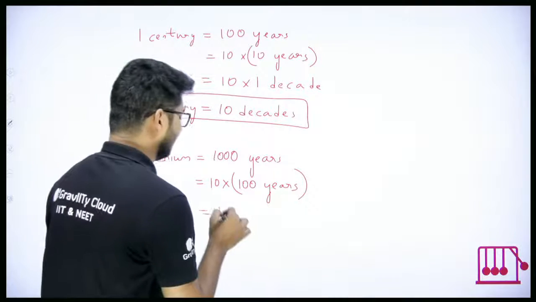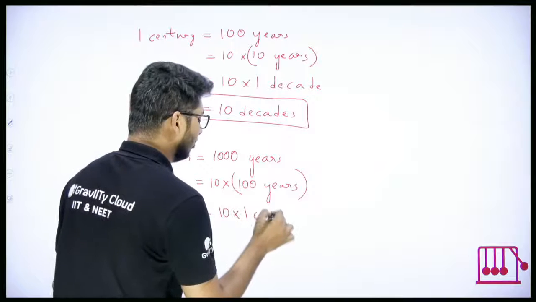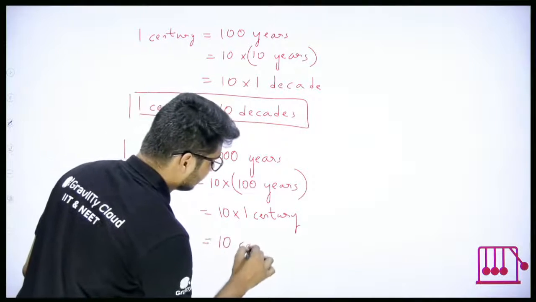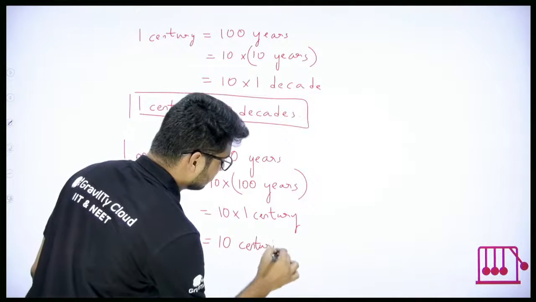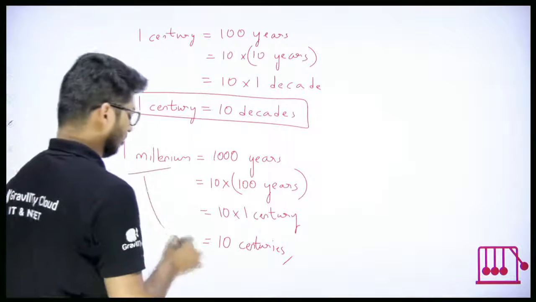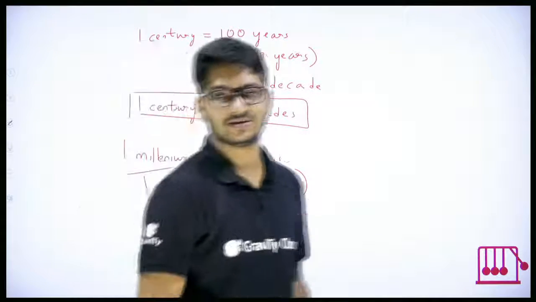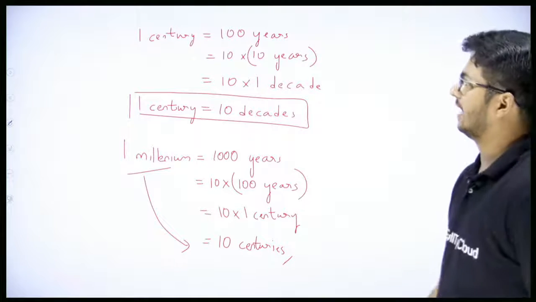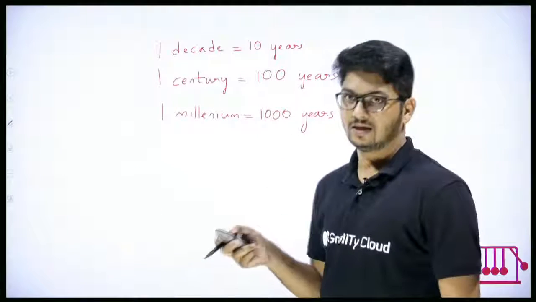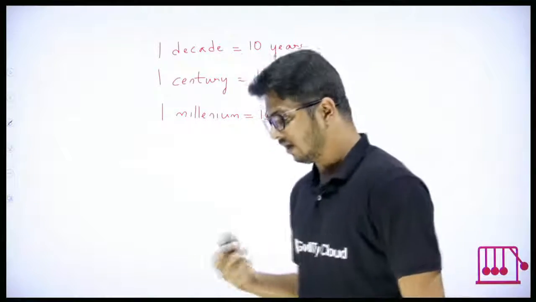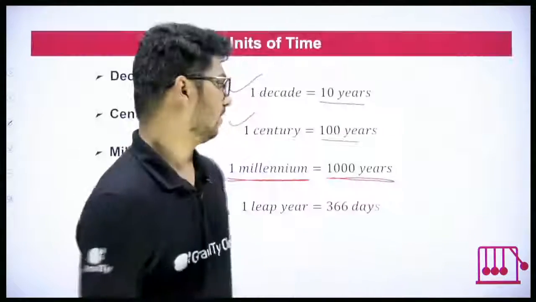So it can be said that it is equal to 10 into 1 century. 10 into 1 is 10. So it is 10 centuries. Clear? So 1 millennium is equal to how much? 10 centuries. Got it? Good. So you have 1 decade, 1 century and 1 millennium. Now all this is okay.